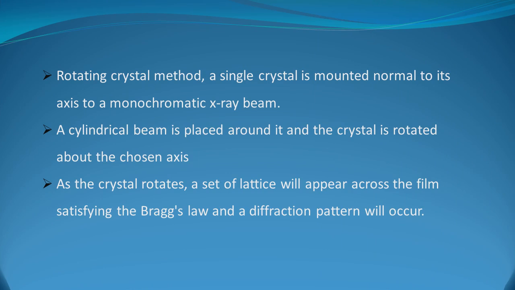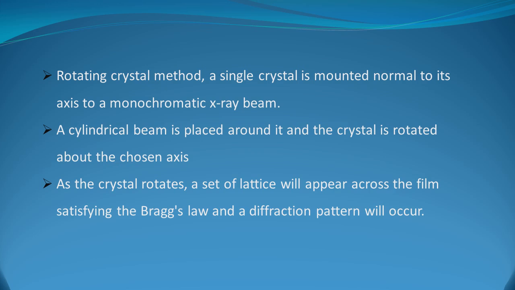The method adopted here is the rotating crystal method. A single crystal is mounted on the sample holder, normal to the axis of the source, that is the monochromatic X-ray beam. A cylindrical film, as we see in the schematic representation, is placed around it, and the crystal is rotated about its chosen axis.